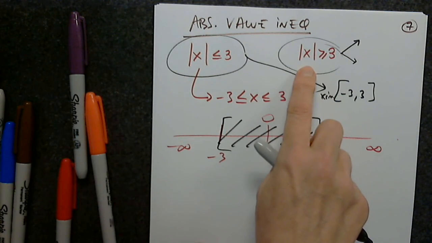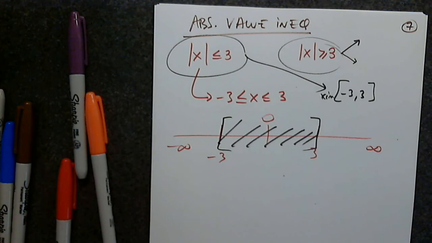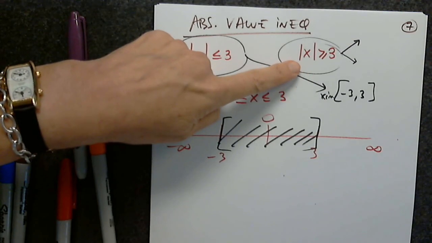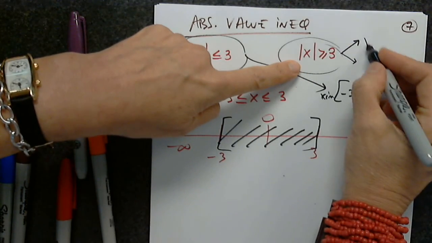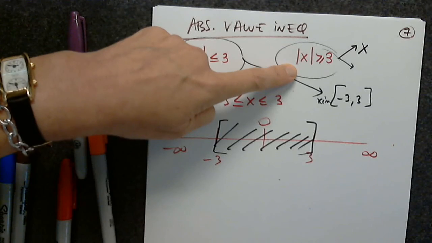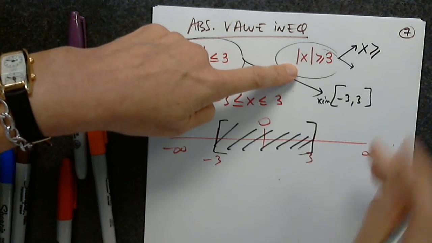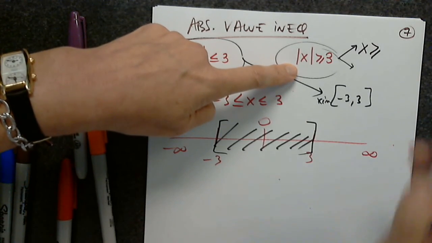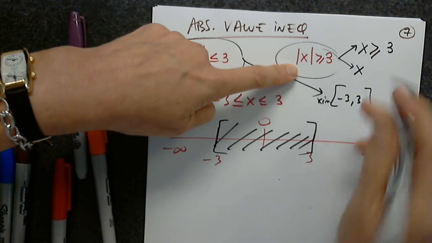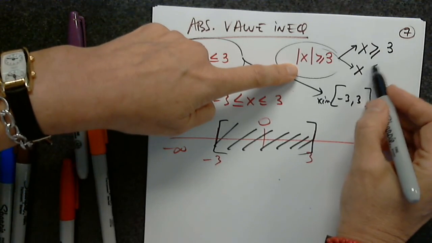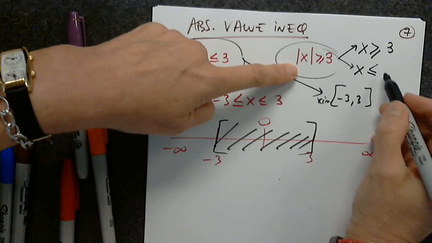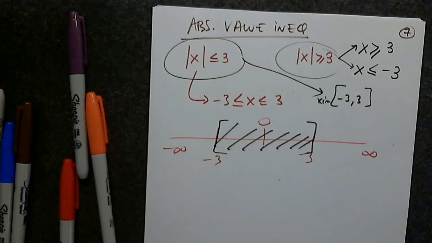But this one is not, because for this one, I want 3 units or more, not 3 units or less. So where will I find those numbers? x to the right of 3, perfect, or x to the left of -3. That's the correct answer.